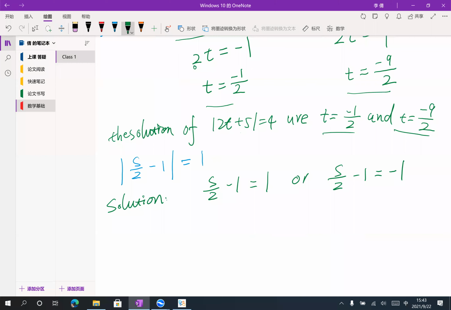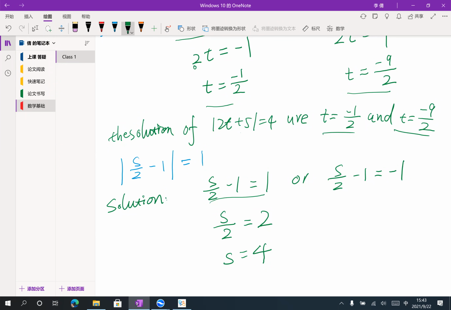From the first equation, we first add 1 on both sides, and we get s over 2 is equal to 2, right? And then multiply by 2 on both sides, we get s is equal to 4. This is the first solution.